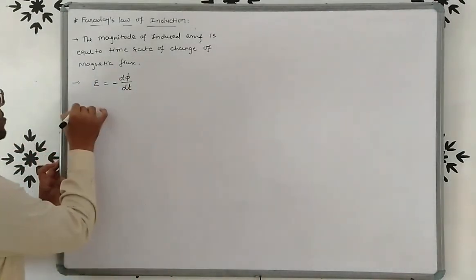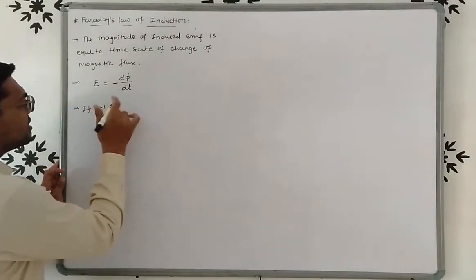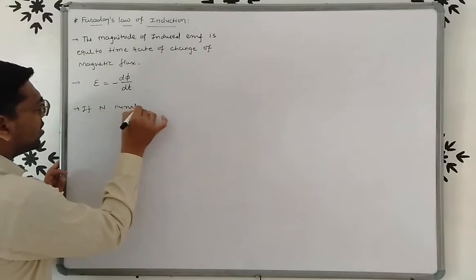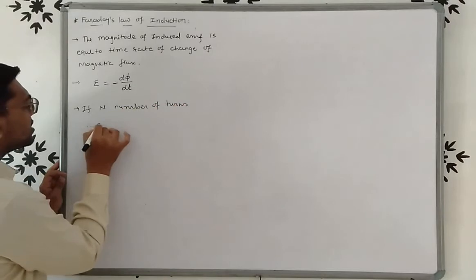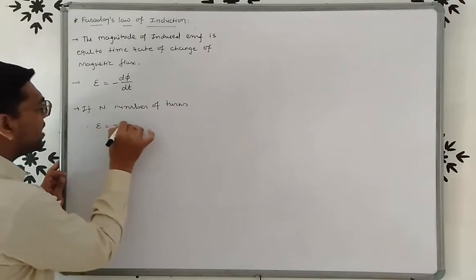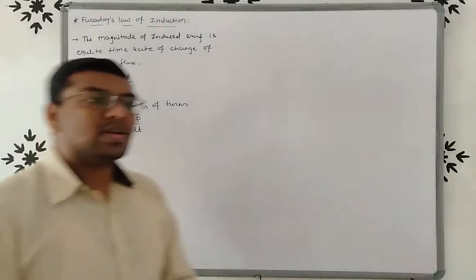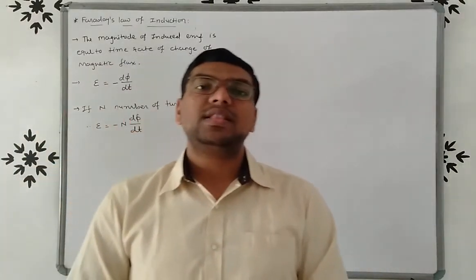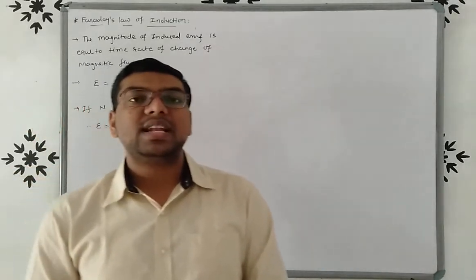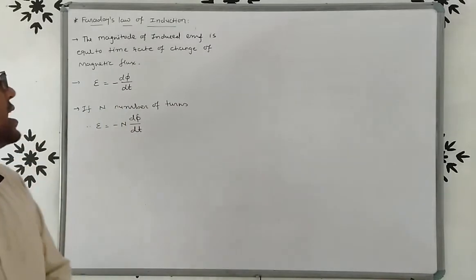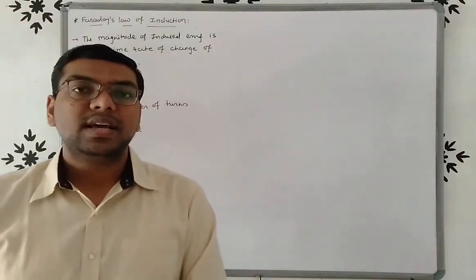Now, if there are n number of turns, then the induced EMF is given by E equals minus n d phi by dt, right? So friends, this is Faraday's law of induction.